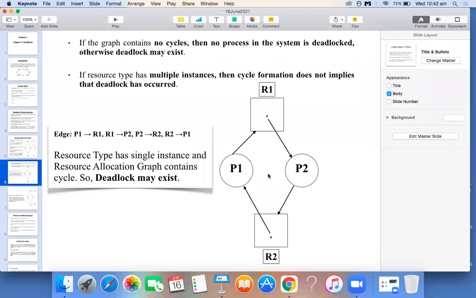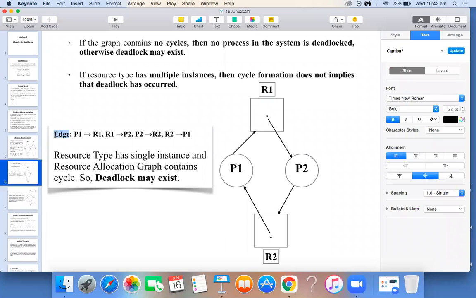Yes, sir. The cycle formation is, you can observe P1 to R1, R1 to P2, P2 to R2, and R2 to P1. So this is called a cycle. You can see that the edge I have written here in the rectangular box is highlighted also.